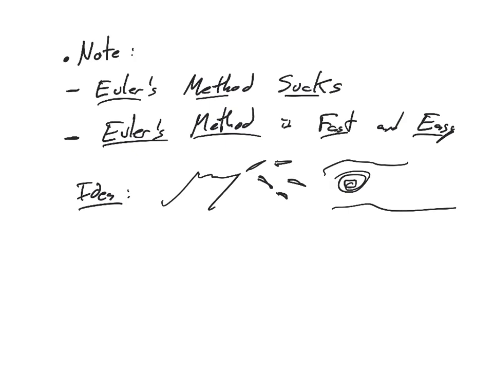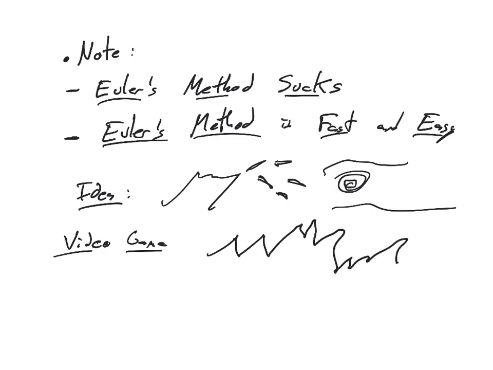But if you look at a video game, usually the water is super choppy, right? If you go back and play your old Doom games, or even old Halo games.